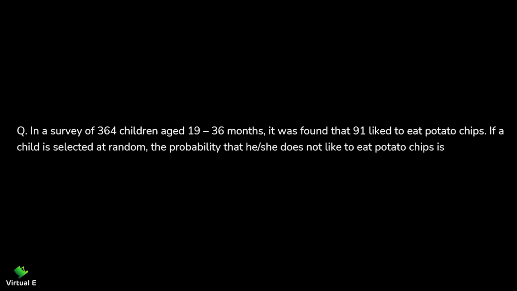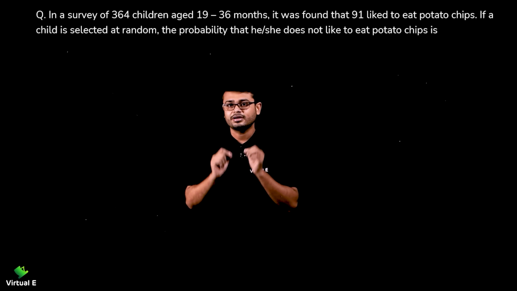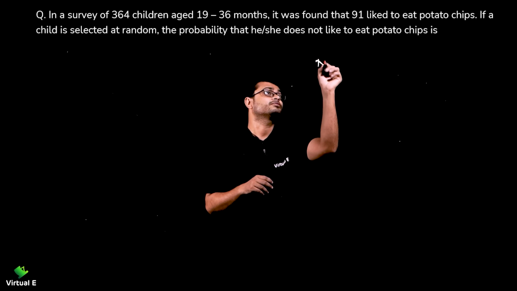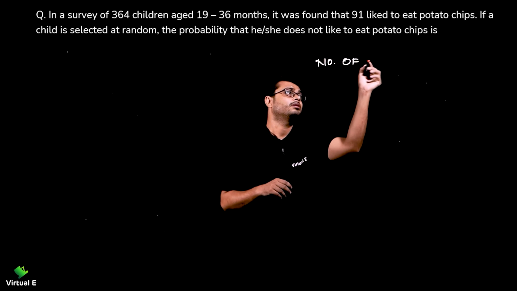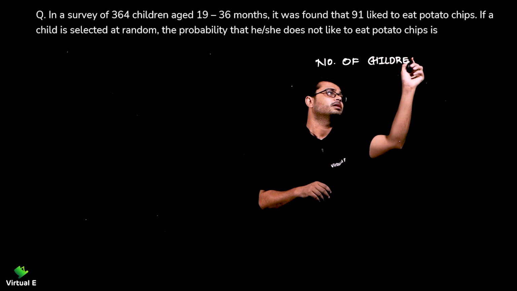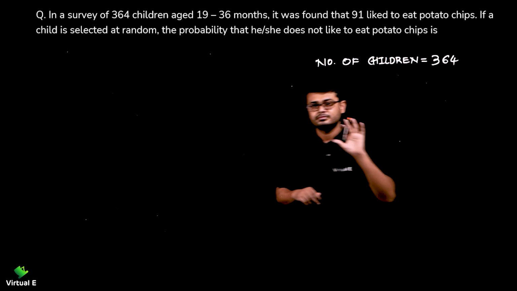Let's do one more question now. In a survey of 364 children aged 19 to 36 months, it was found that 91 liked to eat potato chips. So there are 364 children. So let's write number of children is equal to 364, right?